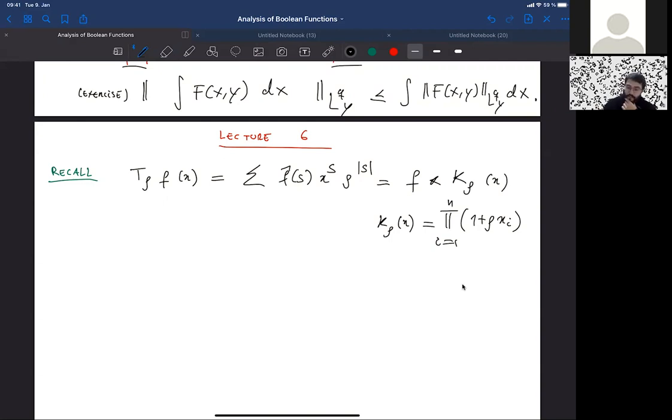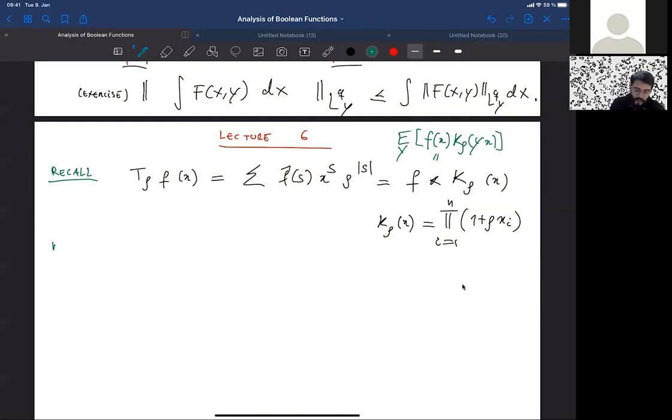The convolution is defined as the expectation of f(x) k(y − x), expectation in y.